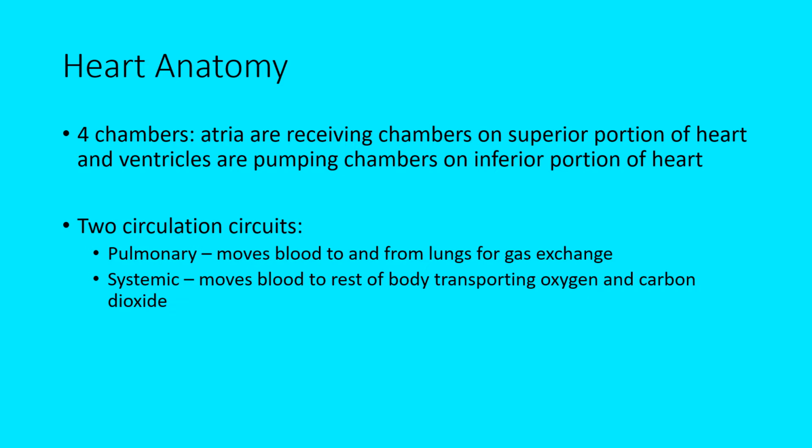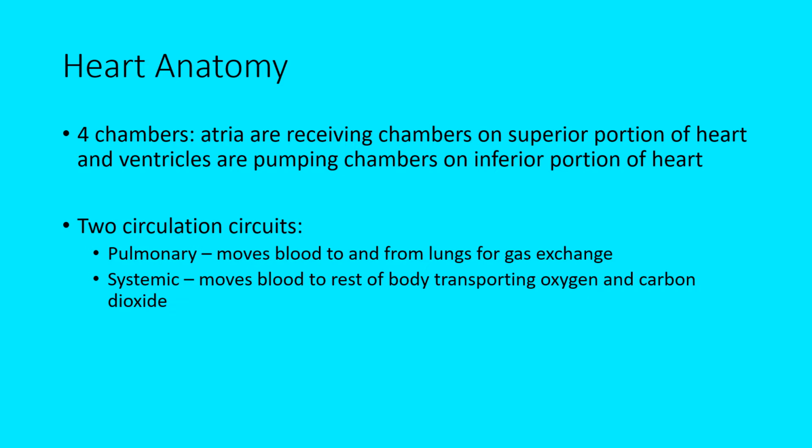So when the heart pumps, it's going to be moving blood out of the ventricles, outside the heart, to where it needs to go. Why I'm not specific about that is because there are actually 2 circulation circuits or pathways: the pulmonary and the systemic. The pulmonary circulation is going to move blood from the heart to the lungs, and then from the lungs back to the heart.